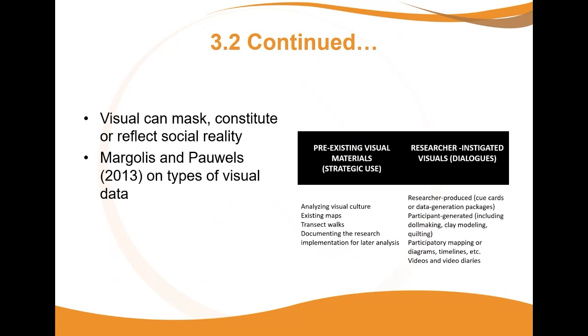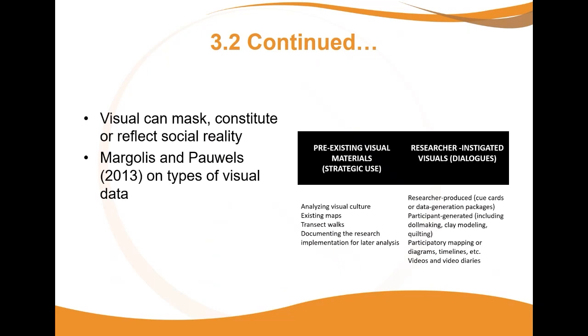Pre-existing visual materials could be where you analyze visual cultures such as television, billboards, advertisements, movies, existing maps of an area, how maps are drawn, often showing inequalities or how we deal with boundaries.